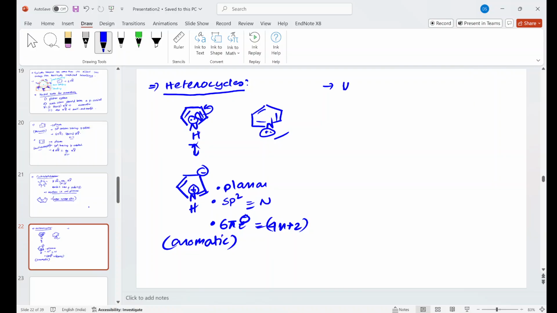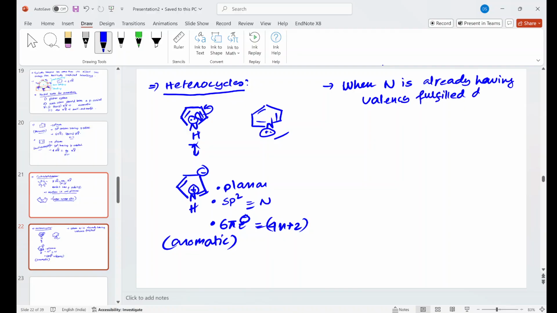The general rule is that when nitrogen is already participating, let's see. Here, don't consider the lone pair, right?